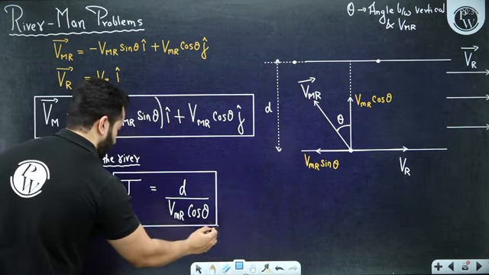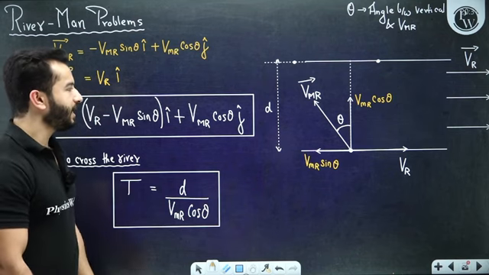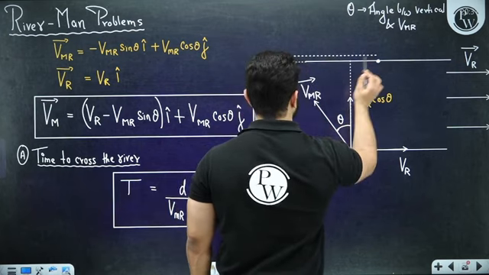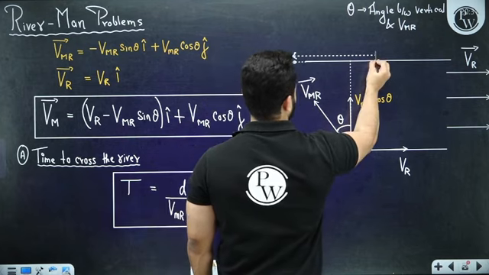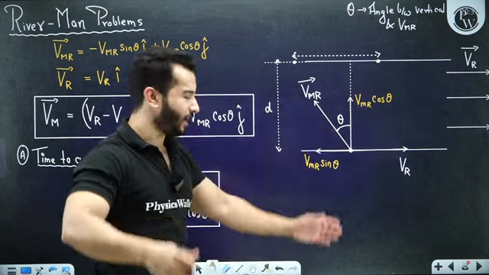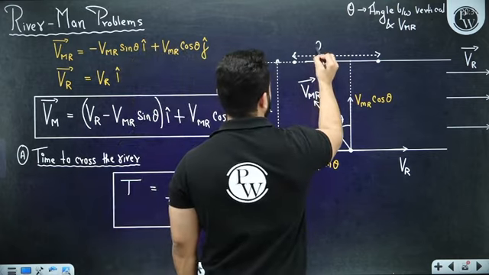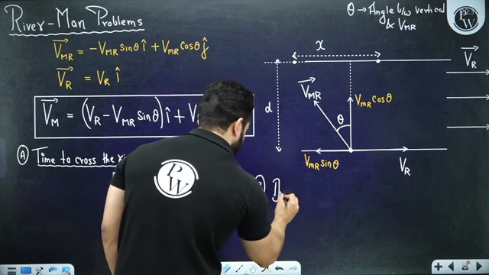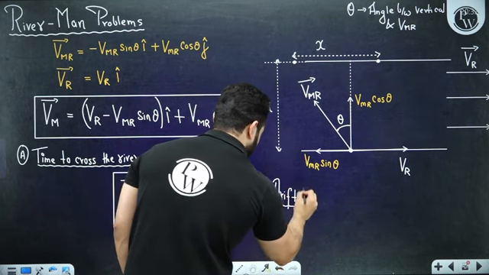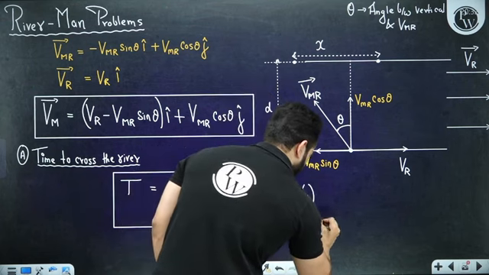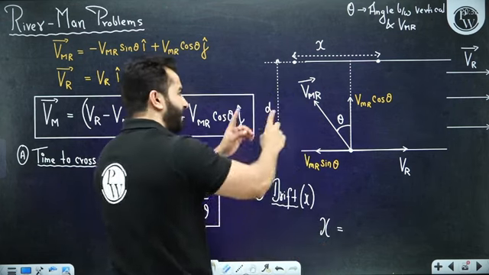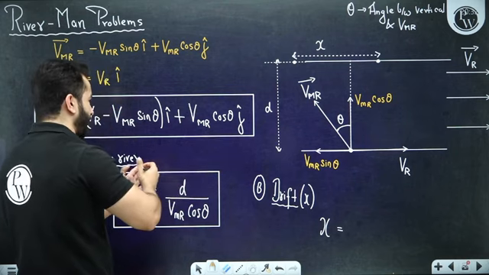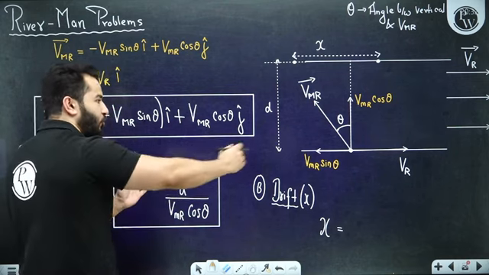This is the time, right? And if we want to find out what this x is going to be, that is the drift. Obviously, I have not drawn the vector. I don't really need to, right? If I want to find out this drift, that X is going to be in the same time, in this same time, the swimmer will also get drifted, and the velocity which is responsible to move in the X direction is this.